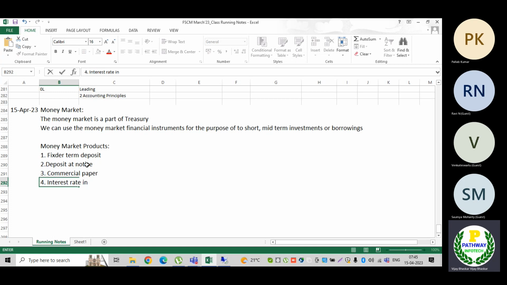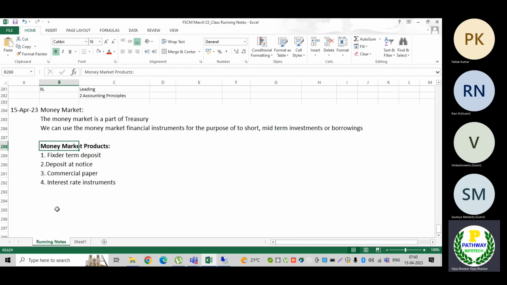Under interest rate instruments we may see fixed interest rate and variable rate instruments. I have just given examples here. Apart from this, there are many product types which we can create under the money market. That is fine. Now let us discuss them one by one.